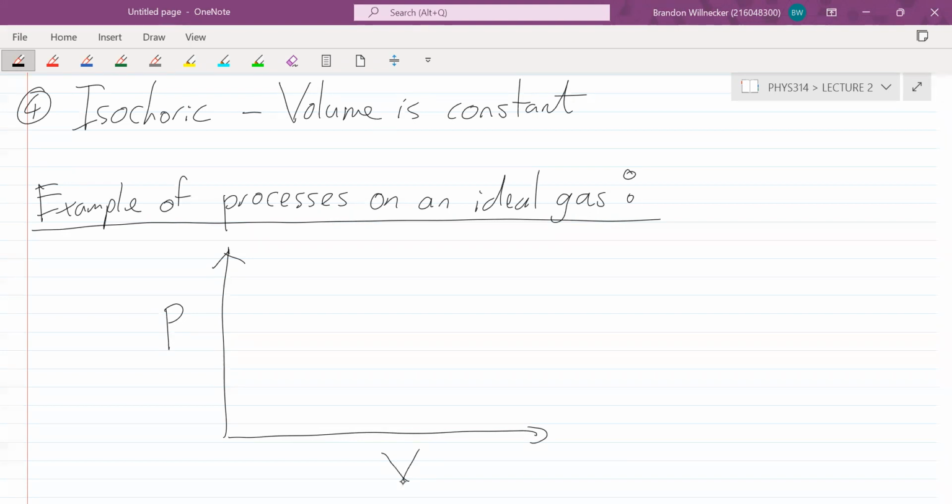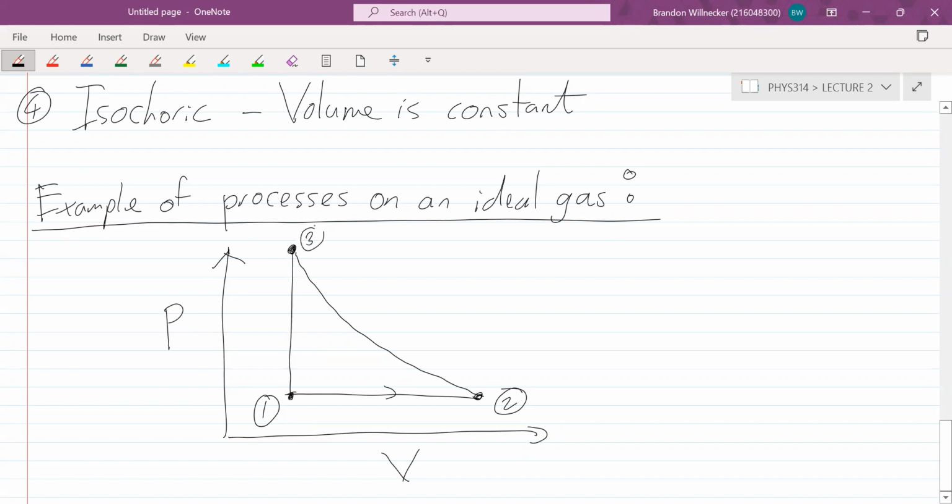Like this, we start, let's say here at number 1. We move across to number 2. We follow this kind of curve here to number 3. And then we go back down to number 1. Sorry, that arrow is the wrong way. Okay, so it doesn't have to make a cycle, but this is just an example.